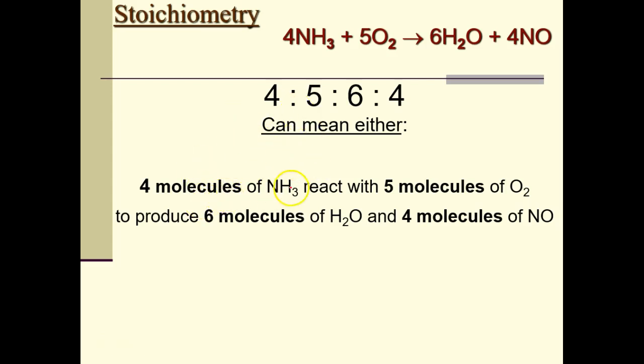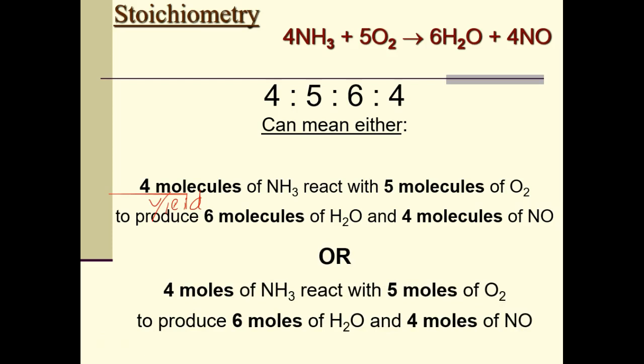You can have 4 molecules of NH3 react with 5 molecules of O2 to yield 6 molecules of water and 4 molecules of nitrogen monoxide. That means if I put 4 molecules of ammonia in a beaker and 5 molecules of oxygen in the beaker, I'm going to produce 6 molecules of water and 4 molecules of nitrogen monoxide.